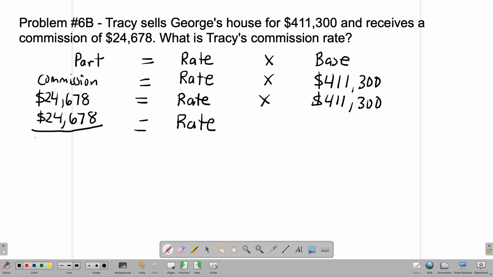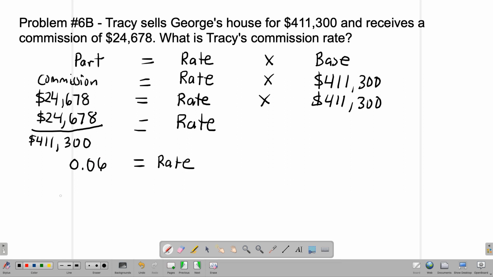So we're going to say 24,678 is going to be divided by 411,300, and this is going to show the rate. So our rate equals a value of 24,678 divided by 411,300, which is a value of 0.06.